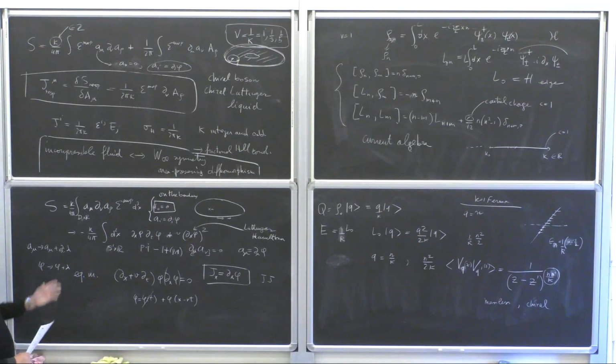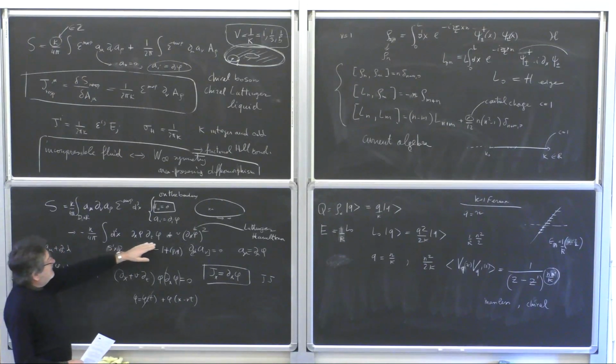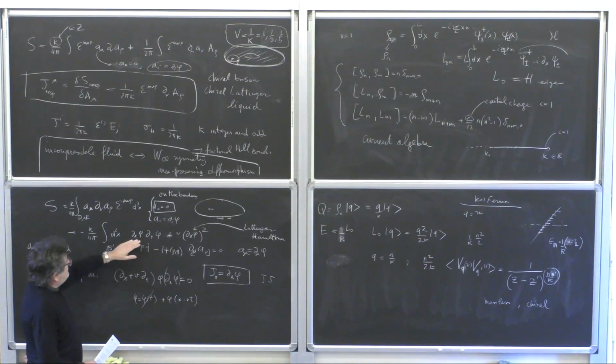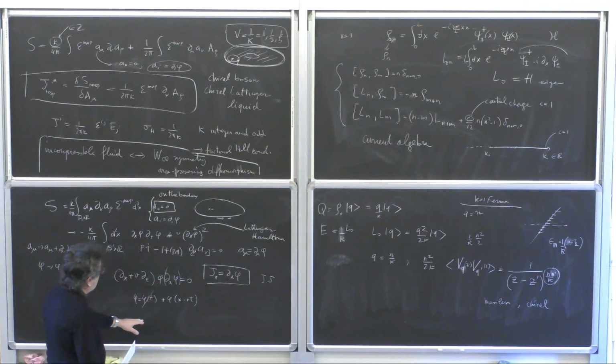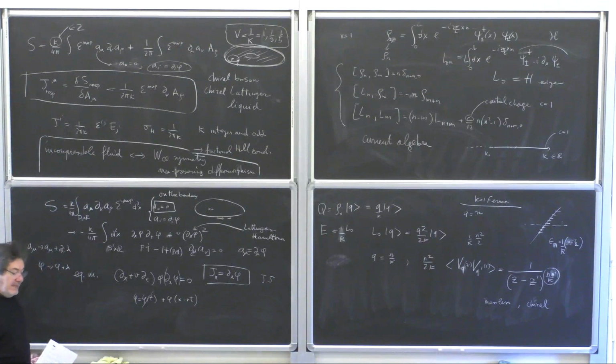So reducing the topological theory, the Chern-Simons theory, on the boundary, you get a boson with this kind of symplectic structure, and then you add a term, a sensible Hamiltonian, to obtain a chiral wave.